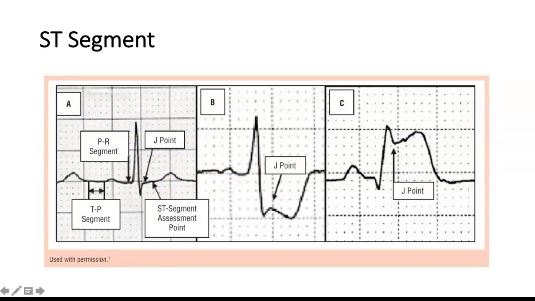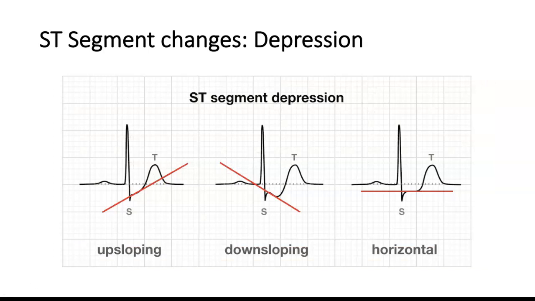We're going to look specifically at ST segment depression and elevation because the depression and elevation can have very characteristic morphologies. The first morphology is an upsloping ST segment depression. Second is a downsloping ST segment depression, and the last appears more horizontal.